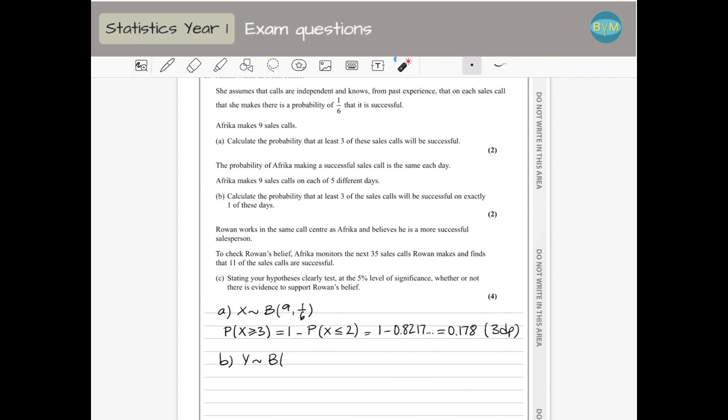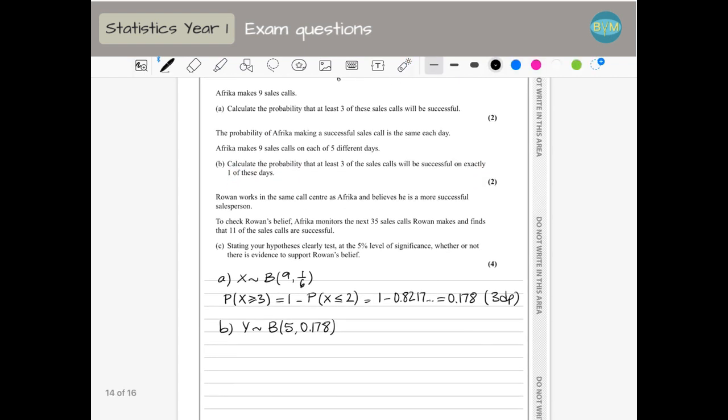We are repeating the experiment 5 times, and the probability of getting 3 or more calls successful in one day is this one here, 0.178. So we are checking the probability that at least 3 calls are successful in each day when I check 5 days, and I need the probability that it is exactly one of these days.